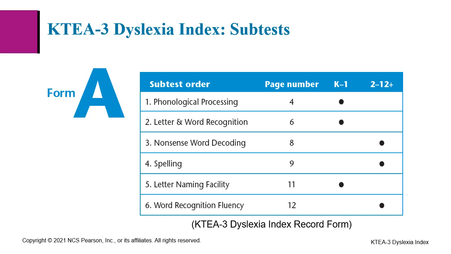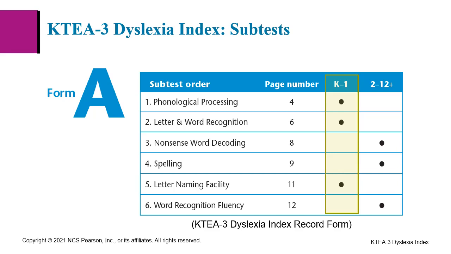The KTEA-3 Dyslexia Index for grades kindergarten and 1 includes the phonological processing, letter and word recognition, and letter naming facility subtests, which are designed to measure phonological processing, letter knowledge, phonics, letter sound correspondence, word reading, and rapid automatic naming skills.